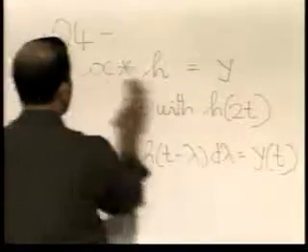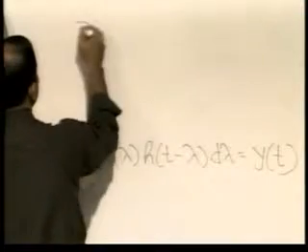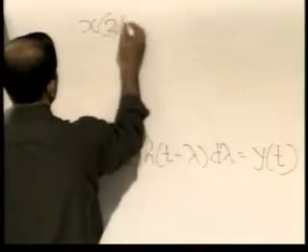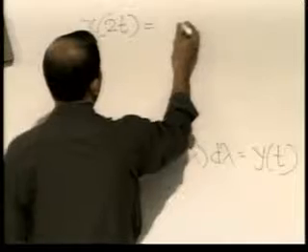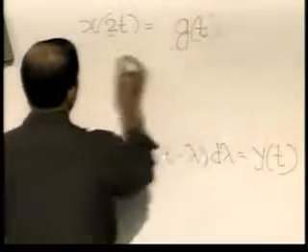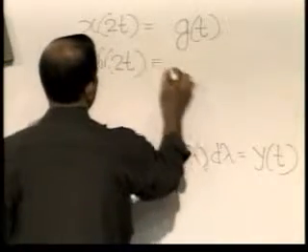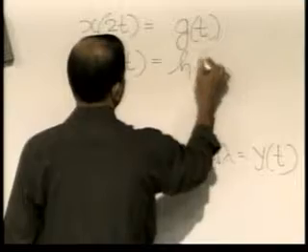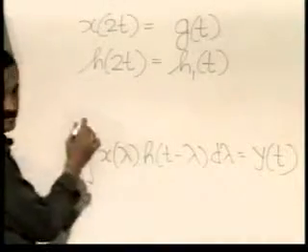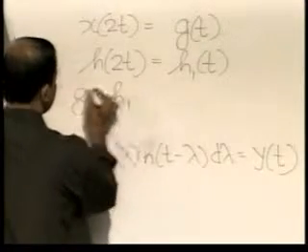Now let us denote x(2t) by, let us say, g(t), and h(2t) by h1(t). So what we are asking for is the convolution of g with h1.